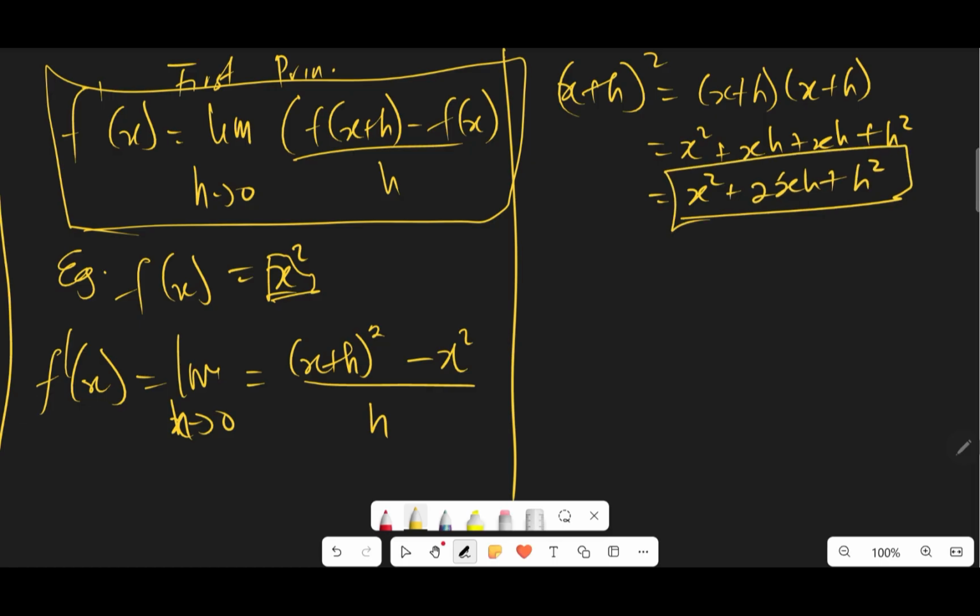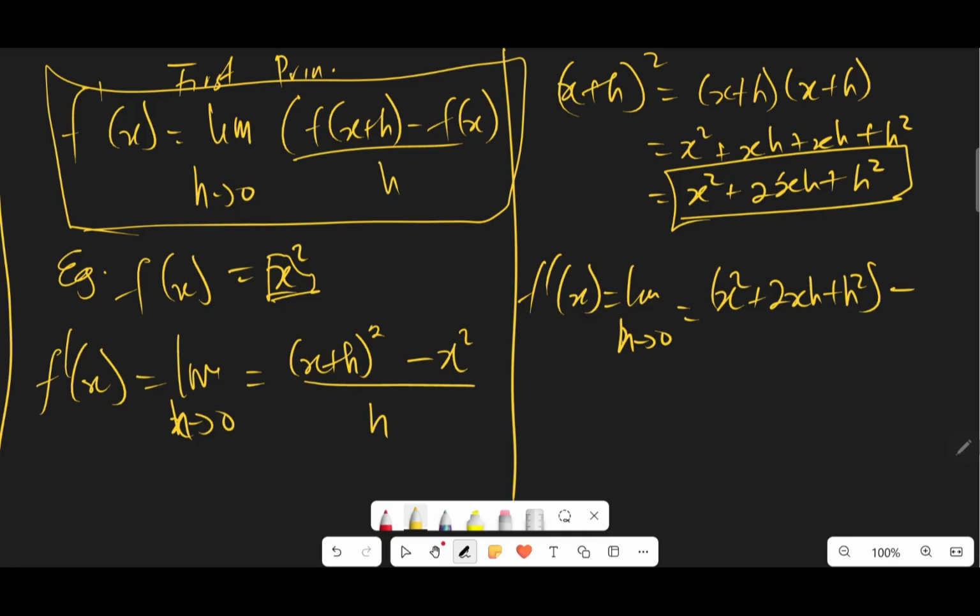So we will put it and replace it where we see it in the f prime of x. We have f prime of x equal to the limit as h approaches 0, and we put in x squared plus 2xh plus h squared, which is from x plus h squared.